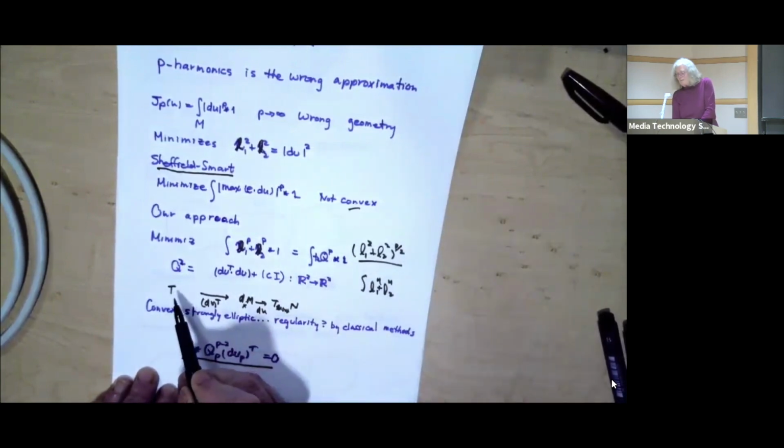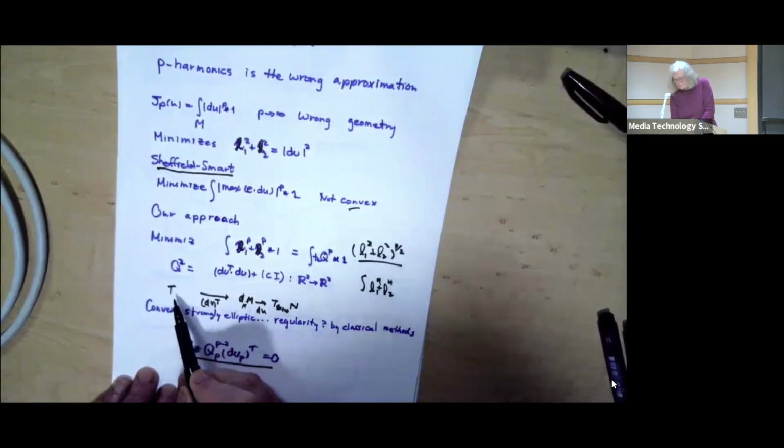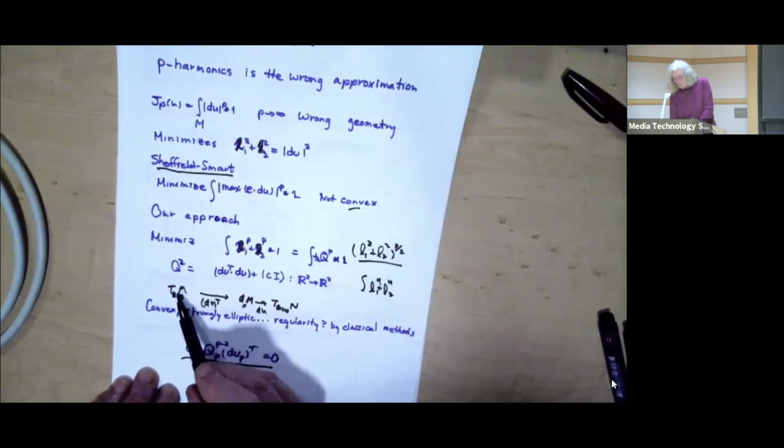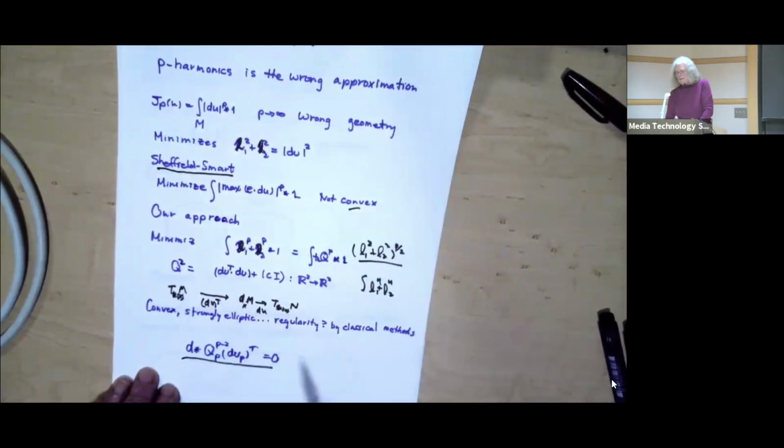There's nothing stopping that. So we get a map from the tangent space to the tangent space.